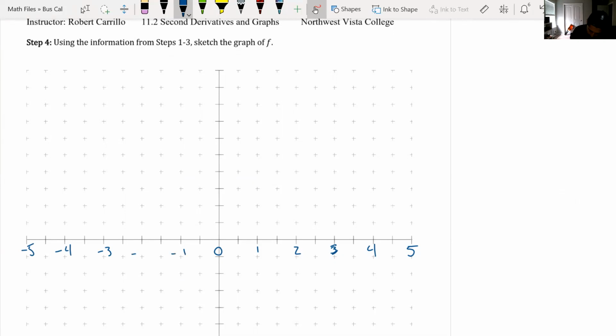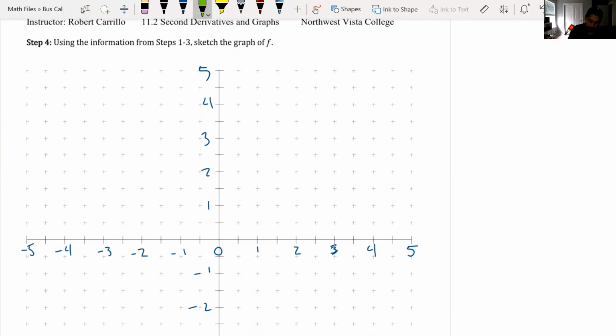That's -1. That's -2. Good. And then I don't think we got anything larger than 5, so I think I can do the same here. 1, 2, 3, 4, 5. -1, -2. Yeah. All the way down there.